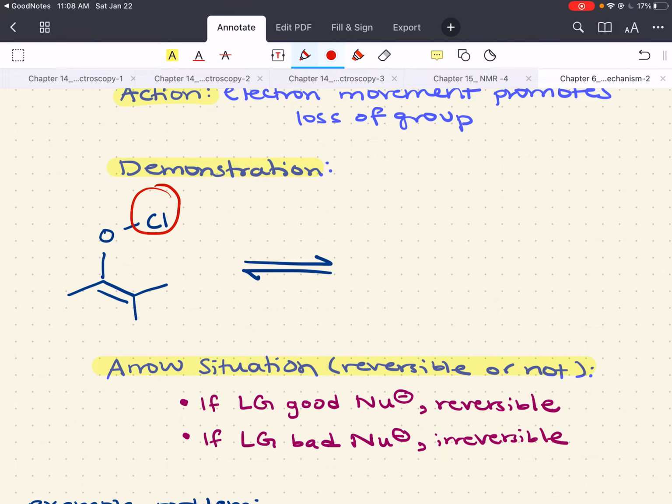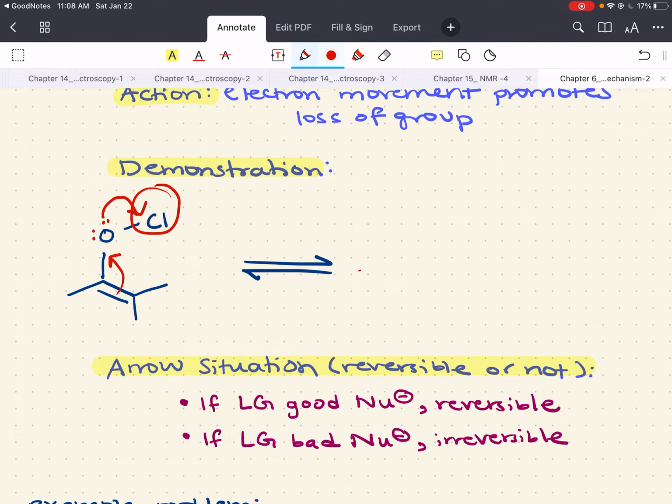So that chlorine group is going to leave. We're going to move electrons to promote the leaving of this group. So our double bond here is going to move to form a double bond here, and in order to do that, this oxygen has some lone pairs that it's going to dump with the chlorine as it leaves.